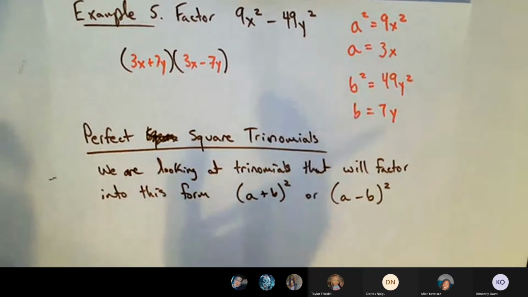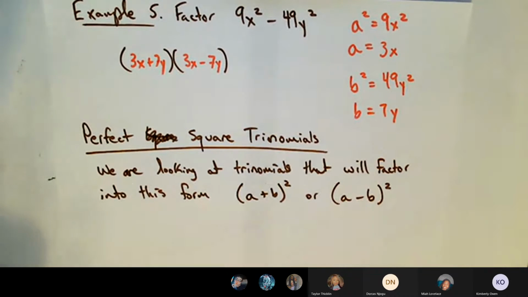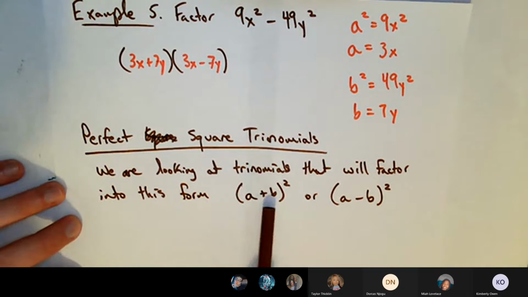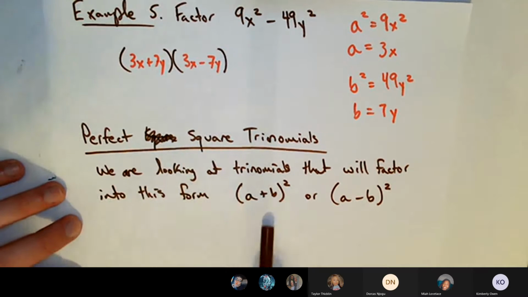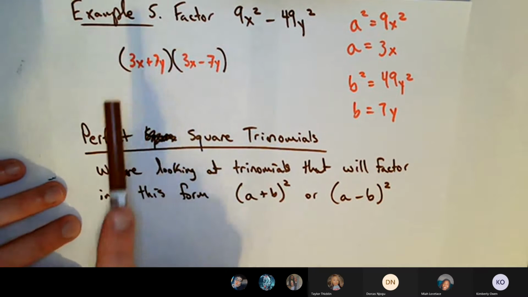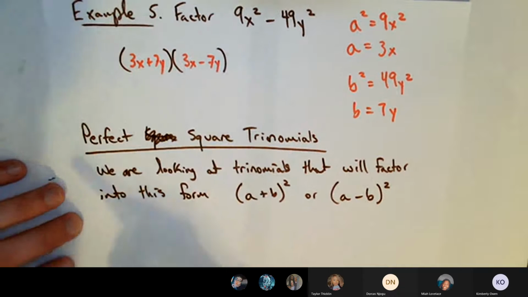In other words, the factor that we get when we factor them is going to be repeated. By the way, it's different from a difference of squares. A difference of squares has one term positive and one negative; they exactly match, but it's positive, negative. This is going to be one where they exactly match, but they're both positive or both negative.